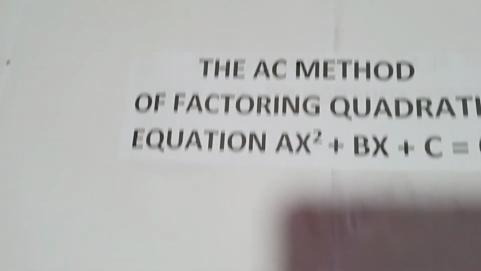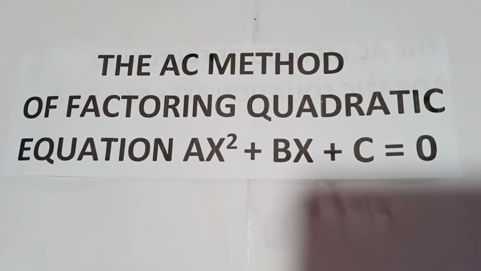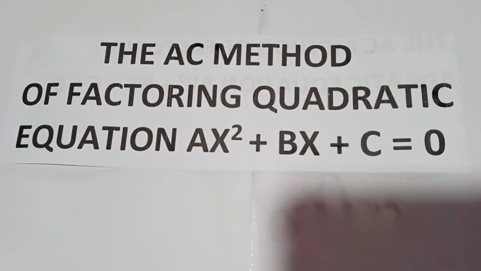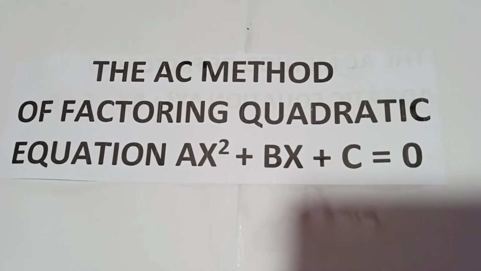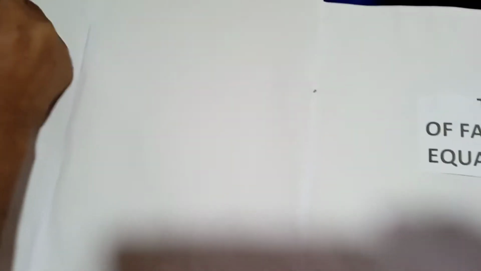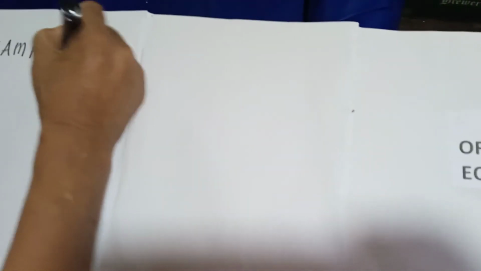This vlog is about the AC method of factoring the quadratic equation ax squared plus bx plus c equals 0. Example 1, because I have two examples.